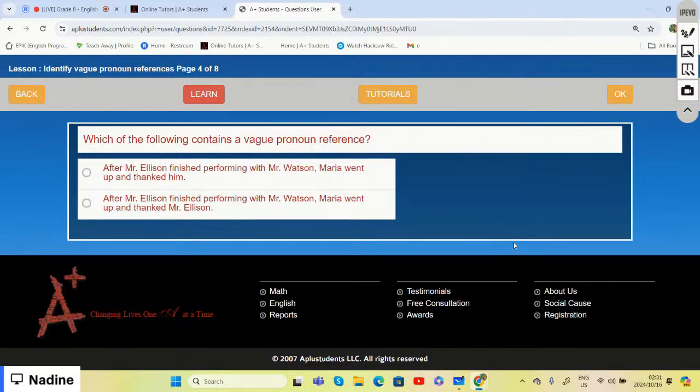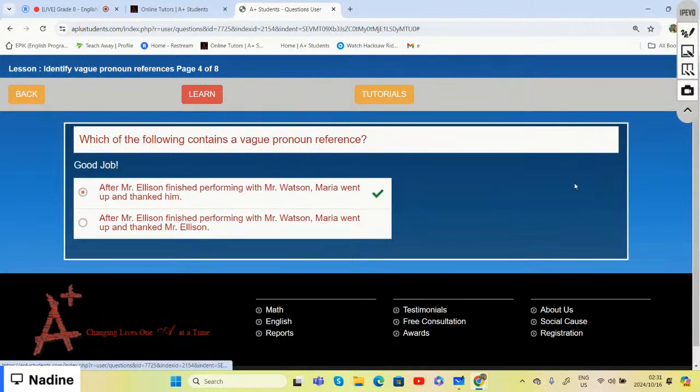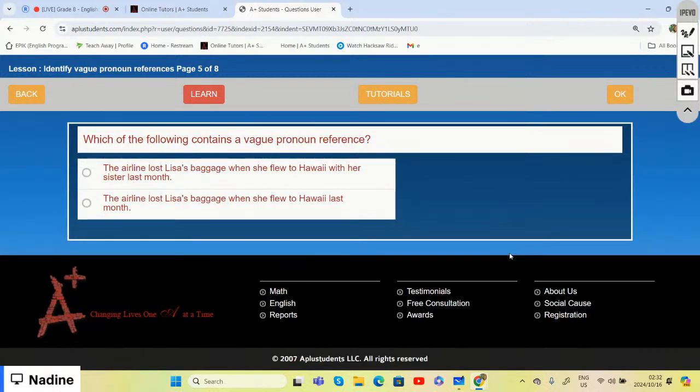We need to select the vague pronoun reference. And if we were to select the correct one, we'll choose option 1. A vague pronoun reference is when you don't say specifically who did it.